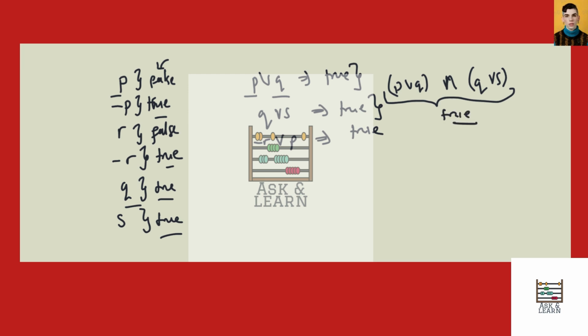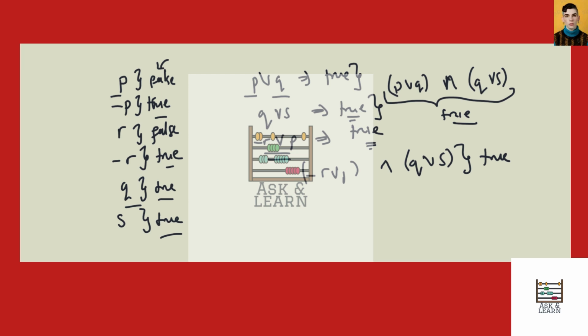Then since this right here is actually true and this is also true, it means negative R, P, Q, S, this right here is also true.